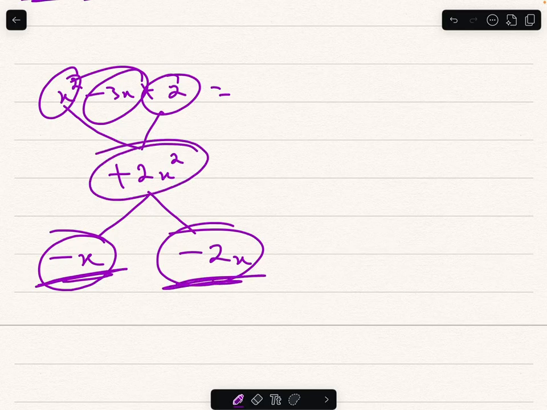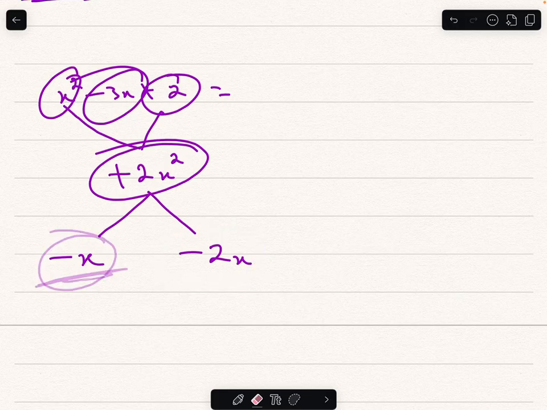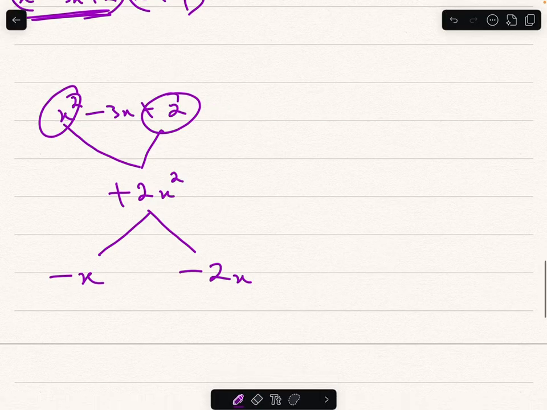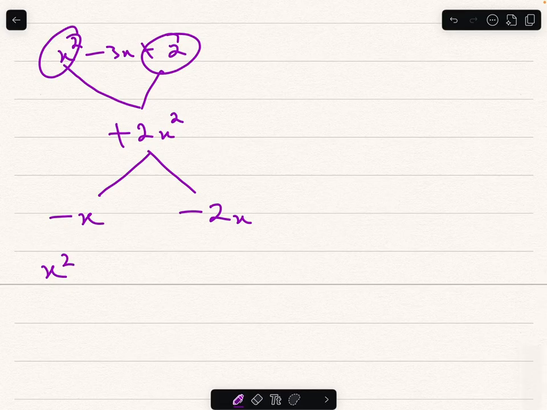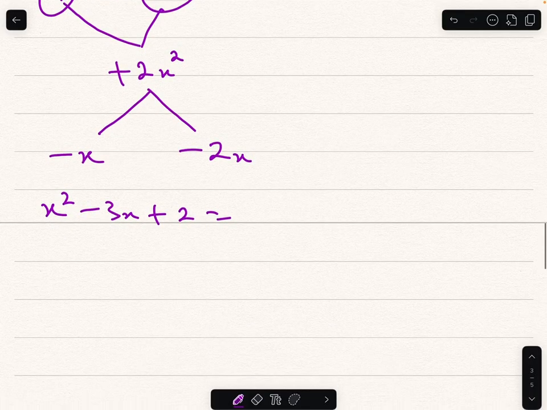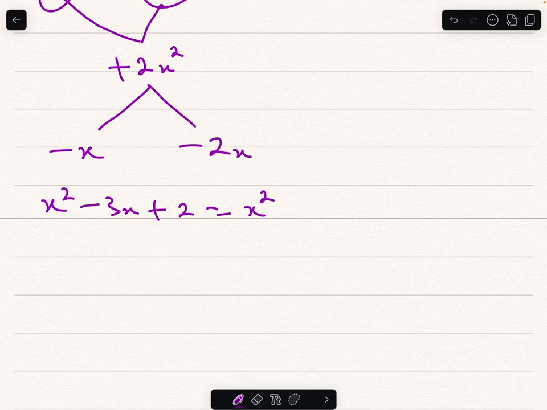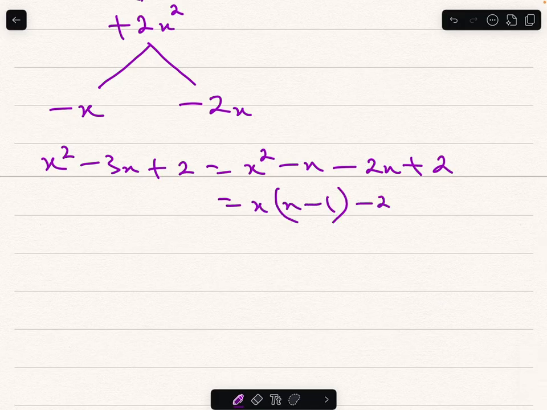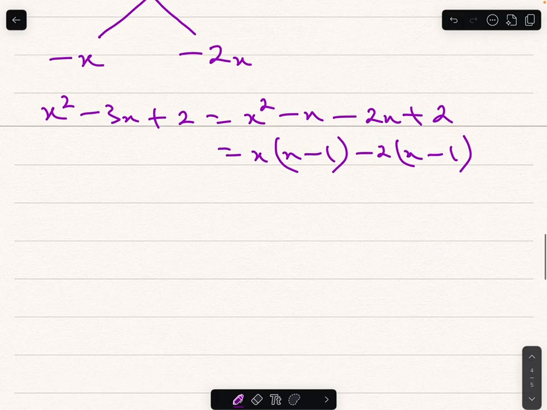So instead of writing minus 3x, I'm going to write minus x minus 2x. So that simply means x squared minus 3x plus 2 is the same as x squared minus x minus 2x plus 2, which means x into bracket x minus 1, minus 2 into bracket x minus 1.